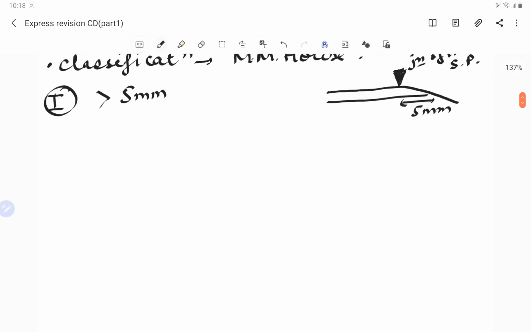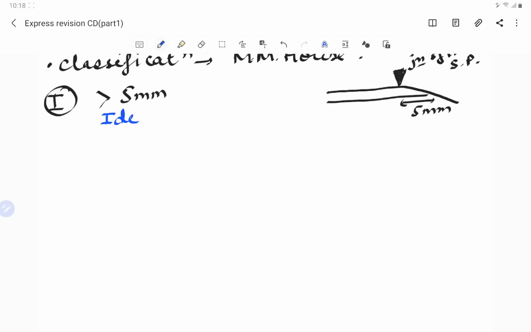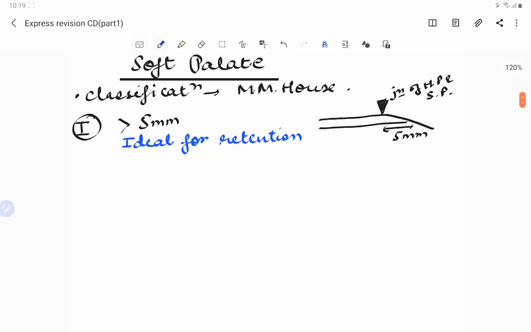So the tissue availability for the post dam, post damming, which is also known as PPS, is ideal for the retention of the denture. If there is a type 1 soft palate, then it is ideal for the retention of the denture.